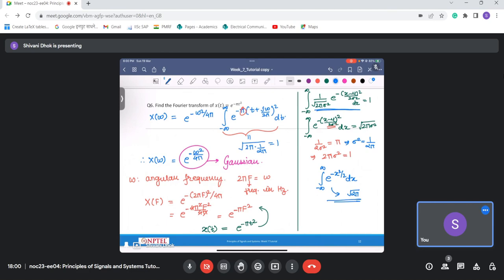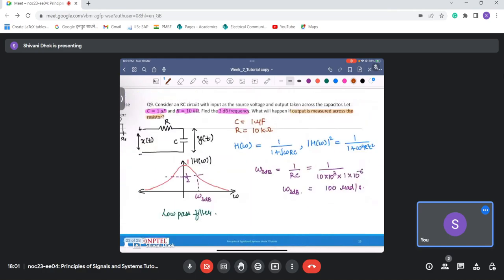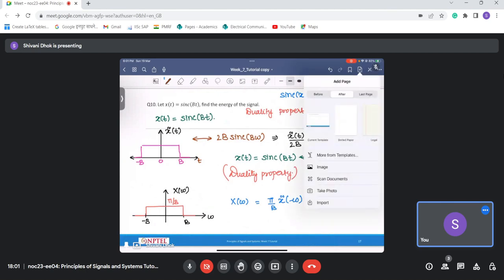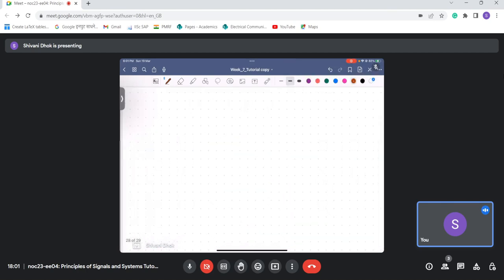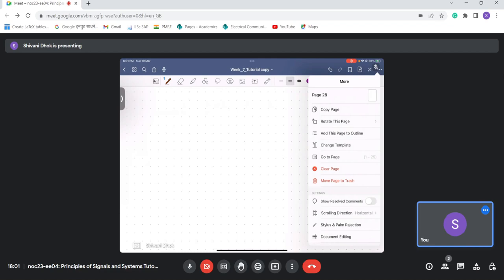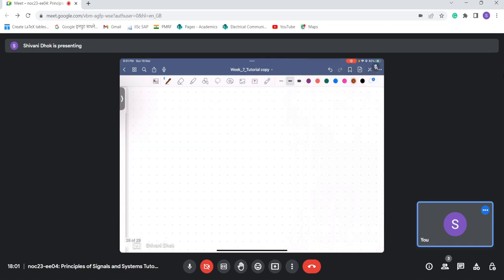Let me do it at the end. So let's say I have this integration from minus infinity to infinity, e power minus x square by 2 dx.